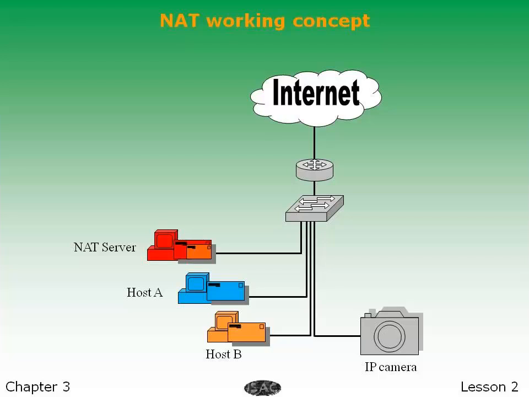The router is also connected to the Internet with a public address assigned by the Internet Service Provider. When we are talking about the router, its functionality can be done by a small server, of course, if the network is small, not big. It's a small office or home network.